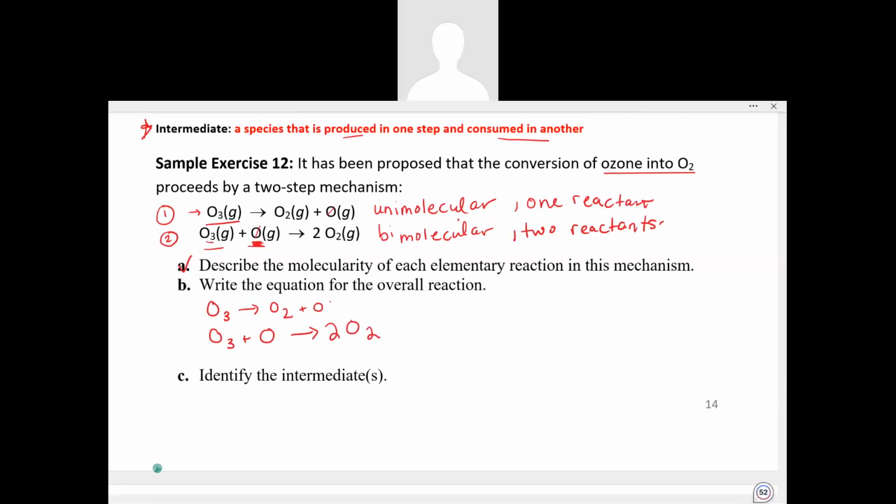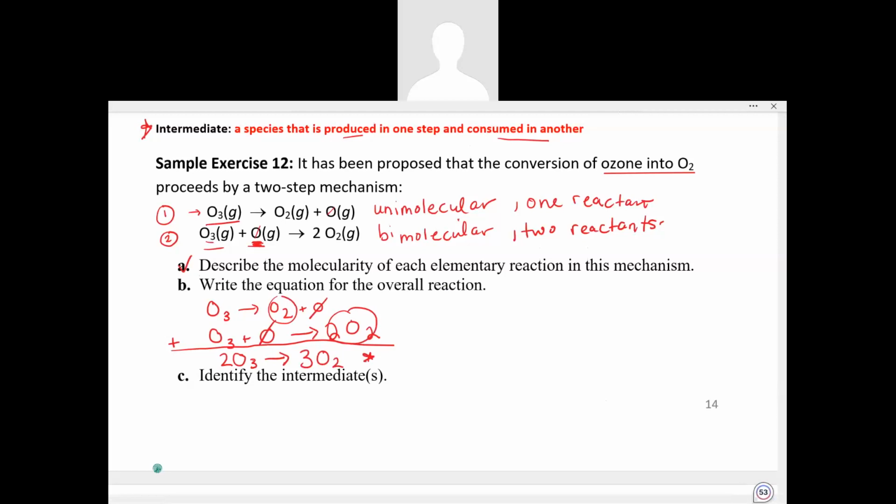So we're going to add these together just like a math problem here, and we're going to see that our overall reaction is 2O3. We'll cancel out that O, and then we have this yields 1, 2, 3, O2. So this here is our overall equation, or the equation for the overall reaction.